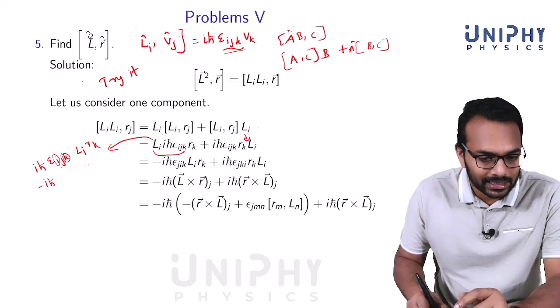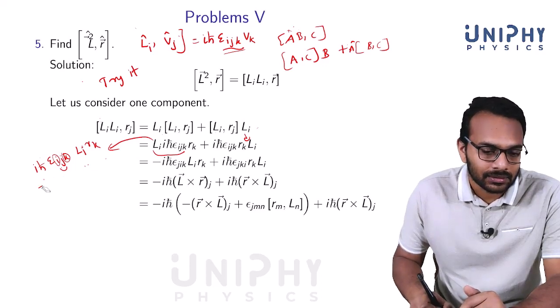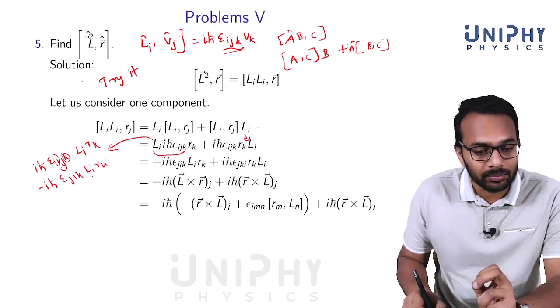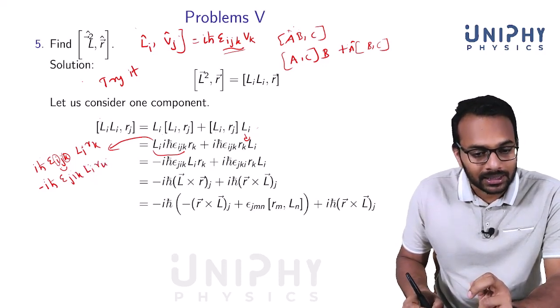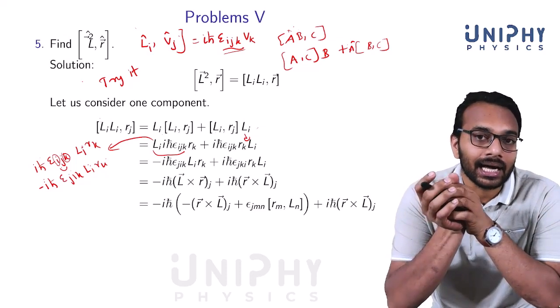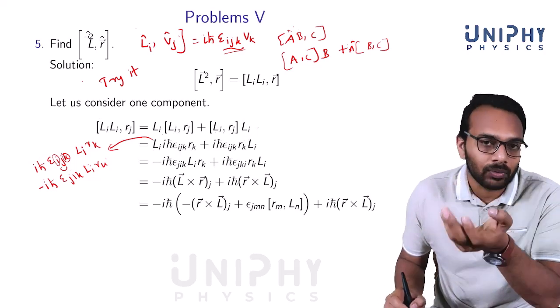This is minus iħ. I just interchange these two indices and get a minus sign. So this is minus iħ epsilon jik Li Rk. Remember not to confuse the relative order of this Li and Rk. That's one confusion that people make in this problem, and in the end one term will be missed out.